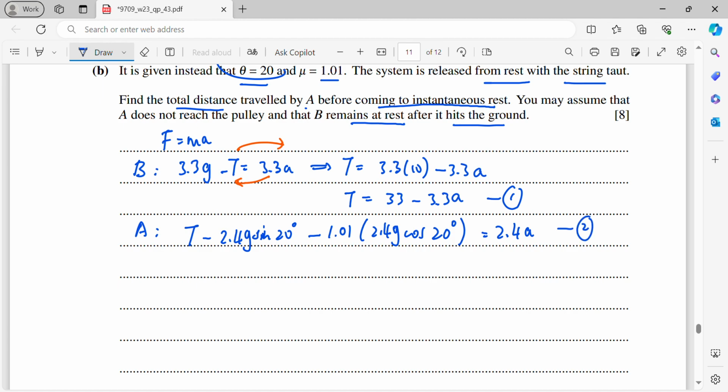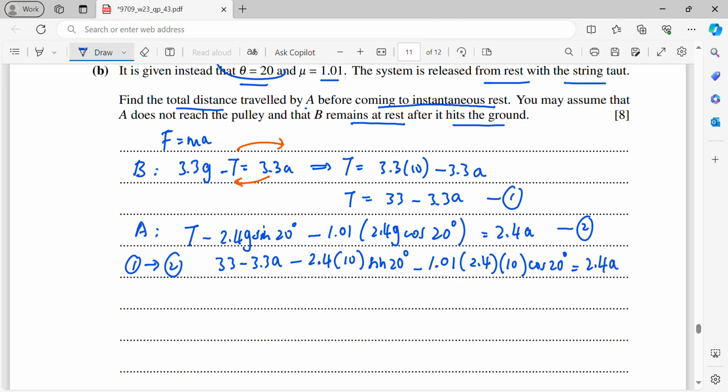Now I substitute T from the first equation into the second equation. So I will be getting 33 minus 3.3A, then minus 2.4, my G is 10, then sine 20 degrees, minus 1.01 times 2.4, the G is replaced by 10, then cos 20 degrees, that equals to 2.4A.